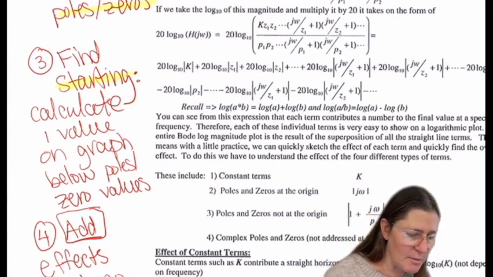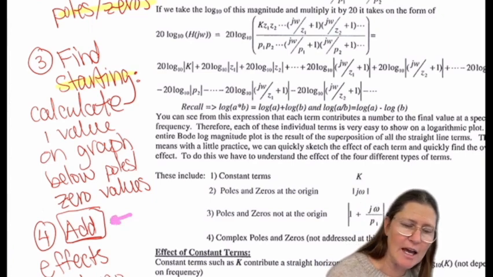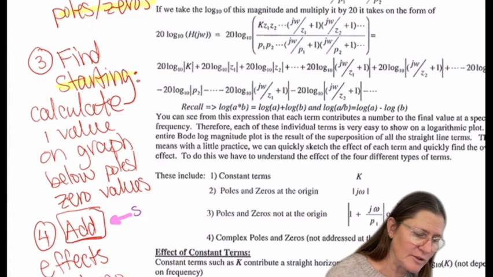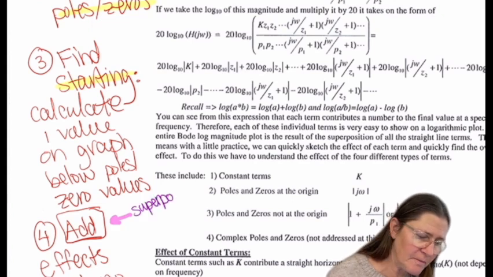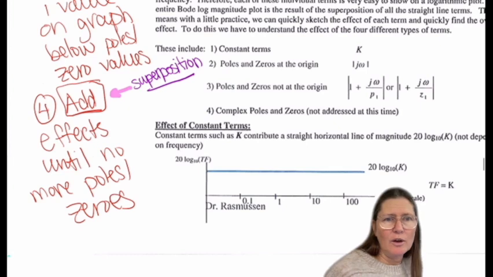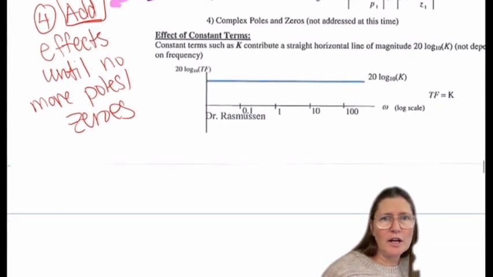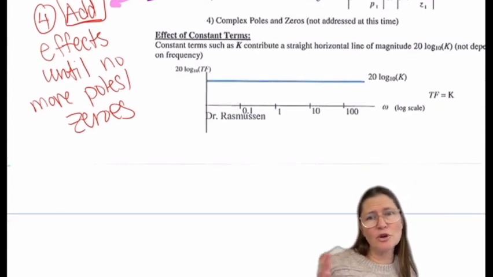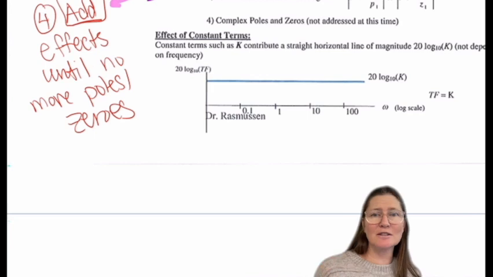And then the nice thing about this is that you can add these by superposition, basically each effect of a pole or zero. For a constant term, there's no frequency change, so we know the magnitude of a constant is just the same.